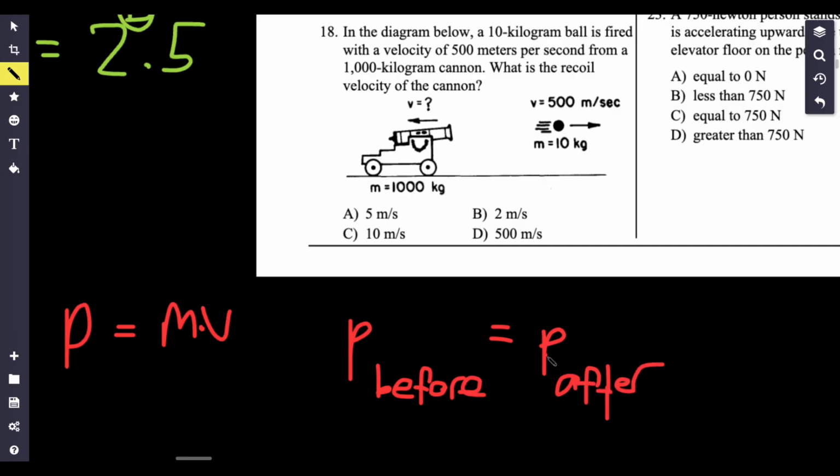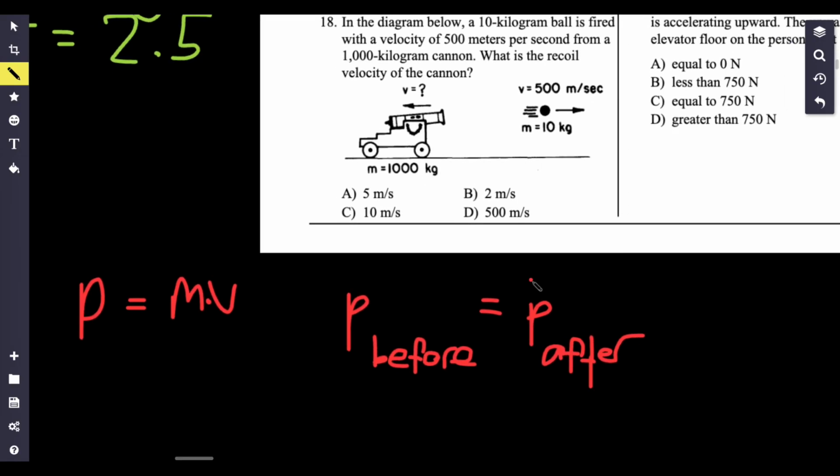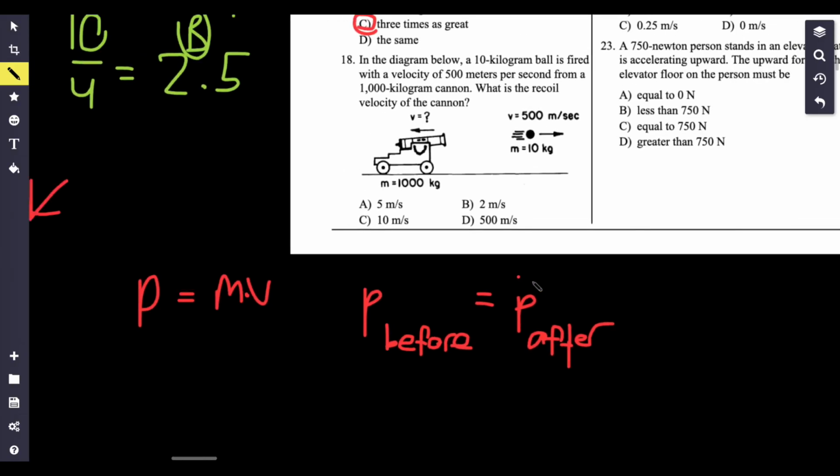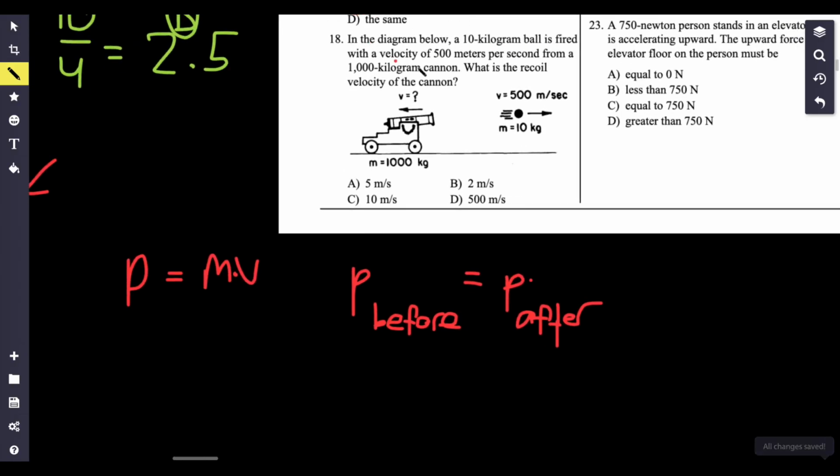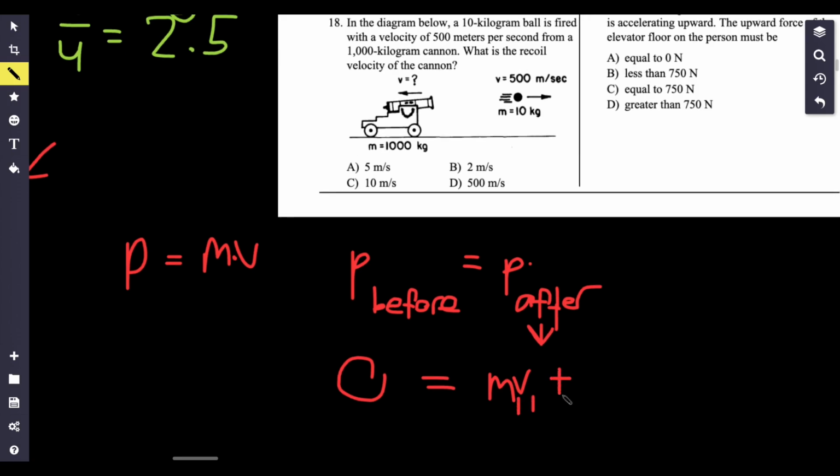All right, so let's see how this plays out. Originally, everything was at rest. My momentum before is 0 because everything is at rest. And that means my momentum after also has to be equal to 0. Now the momentum after is composed of the mass times velocity of the cannon plus the mass times velocity of the cannonball, right?